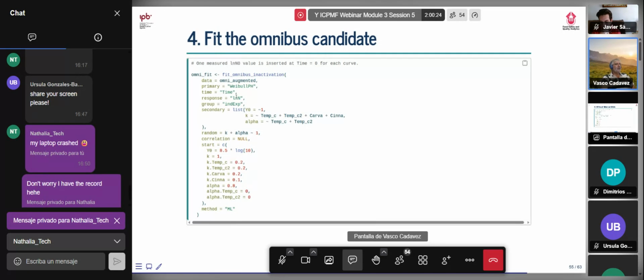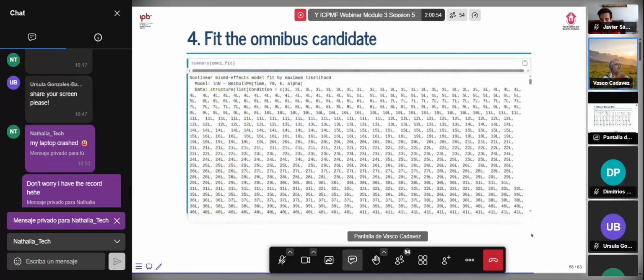You know, we are using the natural logarithm scale, and in our data we have the data in the log 10 scale. So we need to convert this to the natural logarithm scale. Okay, then you can find also the method to test the models. You use maximum likelihood. Then to fit the final model, you can use REML, restricted maximum likelihood.